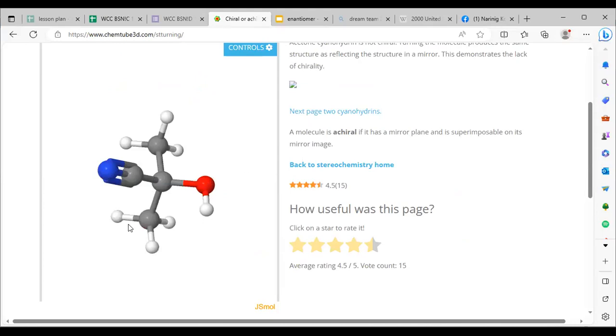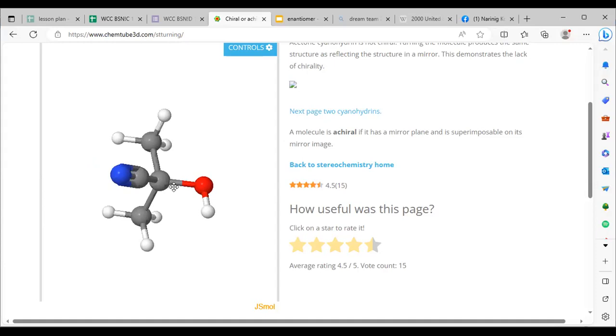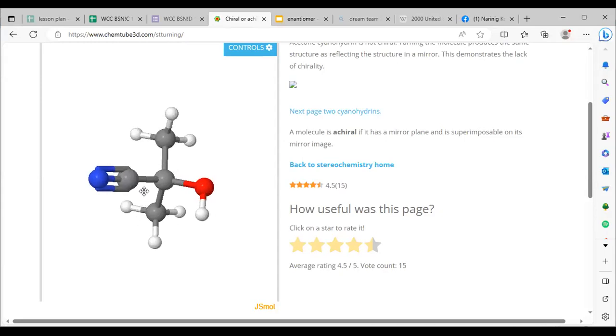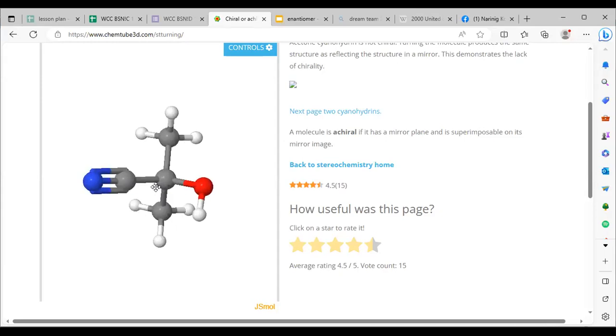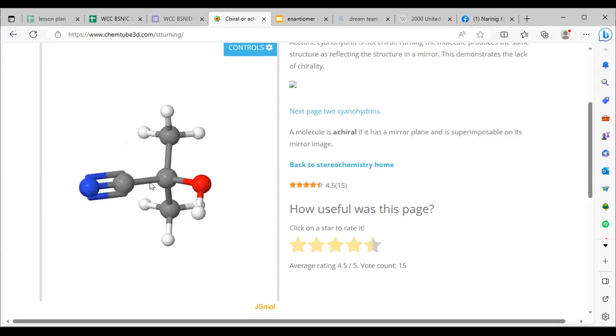This is OH. This is CH3 above and CH3 below, and then this is carbon connected to nitrogen. So these two bonds you see in the vertical position, these are the ones that are going towards us. So you notice that they are towards us. And these methyl groups are going to the back of the plane.